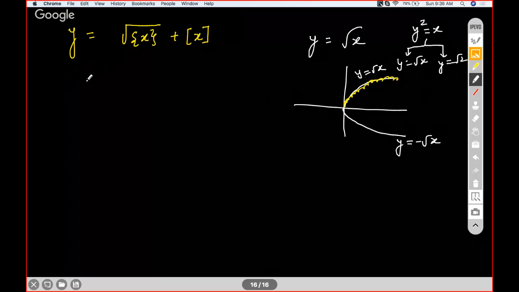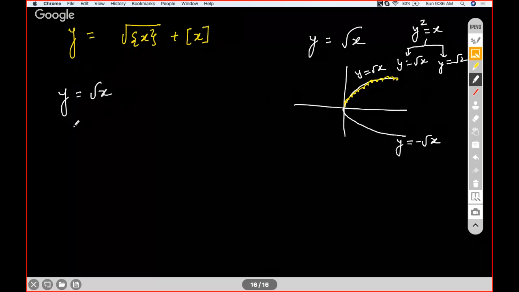Okay, so first you plot y equals root x.